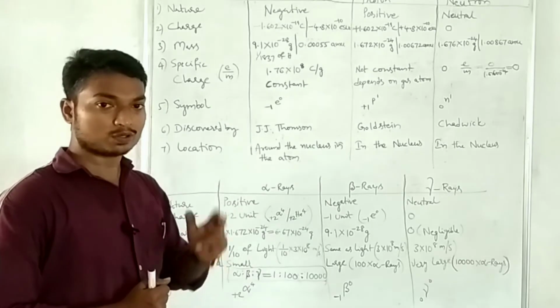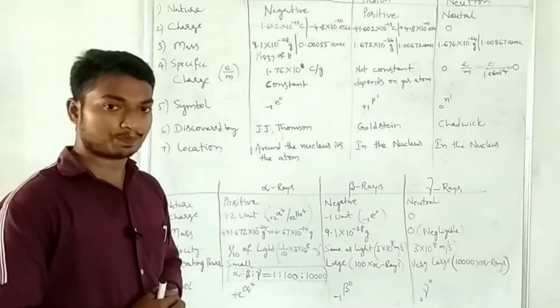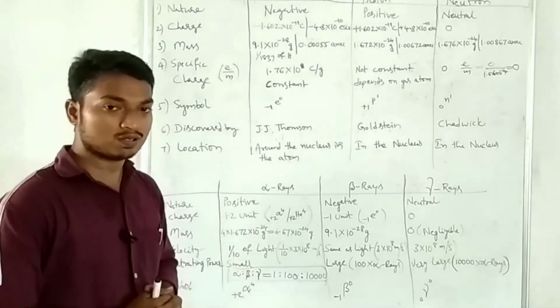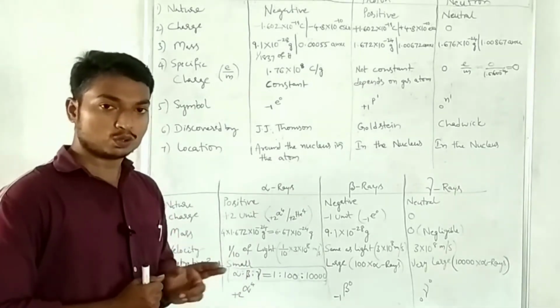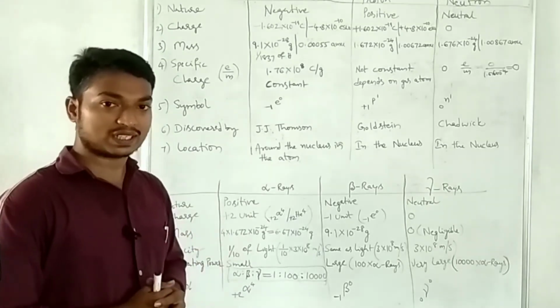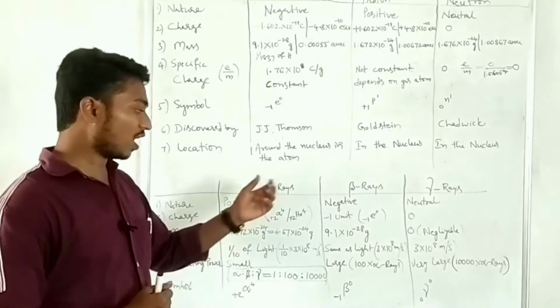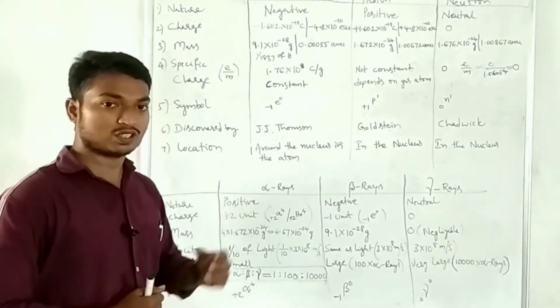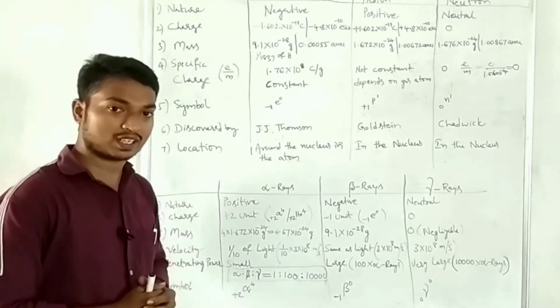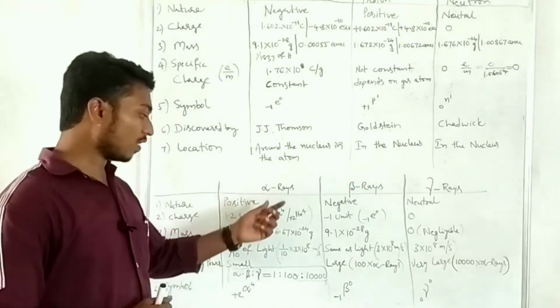If you remove the 2 electrons, now there are only 2 protons and 2 neutrons. That species is called an alpha particle, alpha rays. So if you remove 2 electrons from a helium atom, finally we get the species of alpha rays.